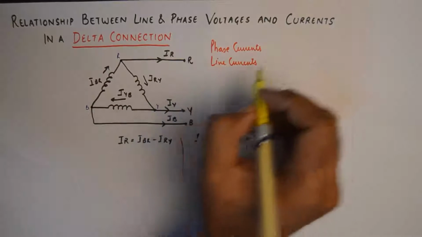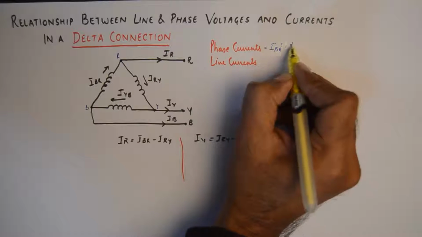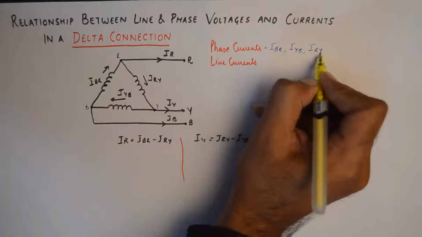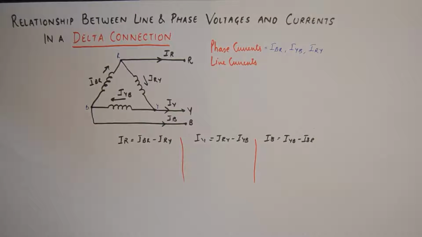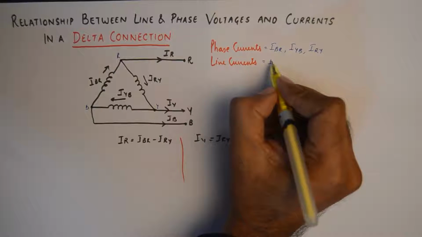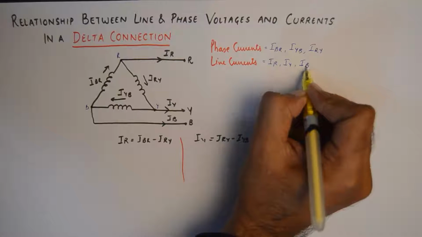So the phase currents are going to be IBR, IYB and IRY. And the line currents are going to be IR, IY and IB.